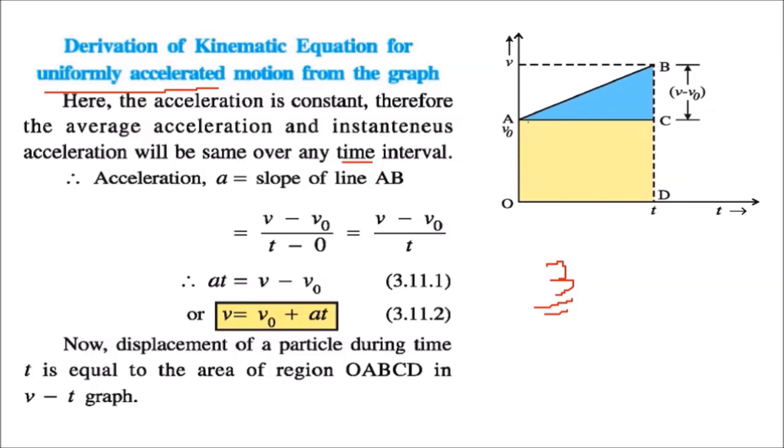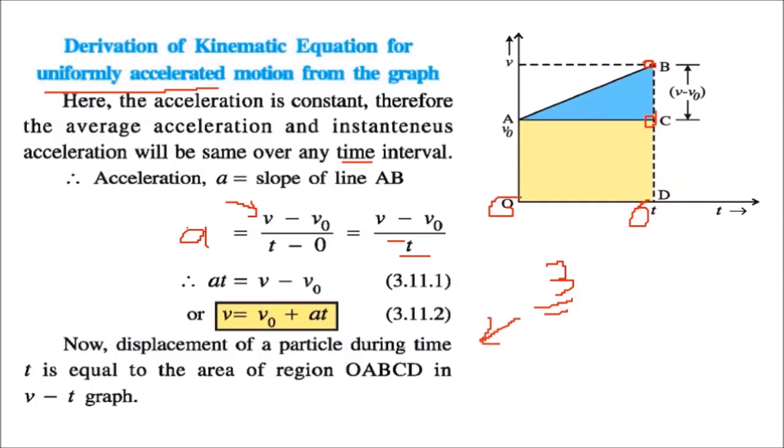So acceleration a is what? The slope in the v-t graph, the slope of line AB. So this is v and this is v0. So v minus v0, and this time is t minus 0. So (v minus v0) by t is the acceleration a. Just rearrange, you get v equal to v0 plus at. This is a very important equation, the first equation.